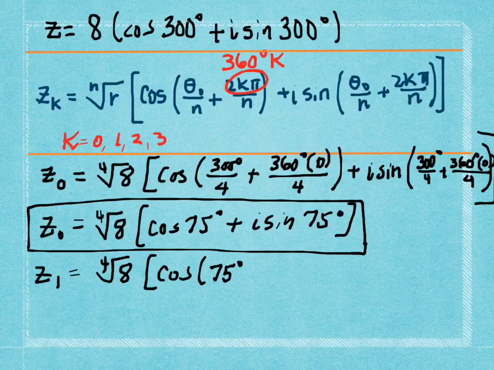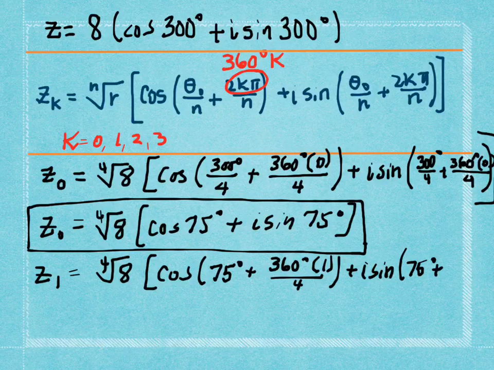It'll always be 75 because n is always 4. The difference is going to be this piece right here. This is 360, and now k value is 1 divided by my 4. And then I have I sine of the same quantities. So I sine of 75 plus 360 times 1 over 4.